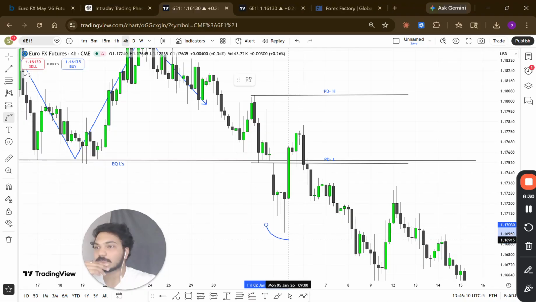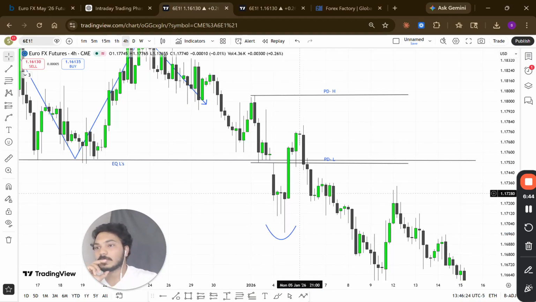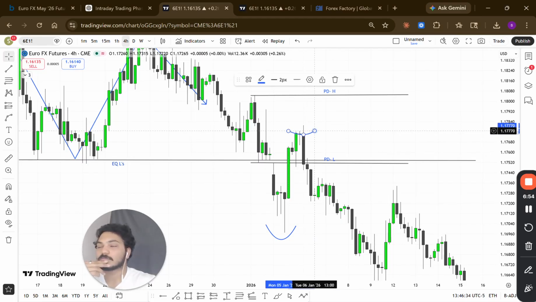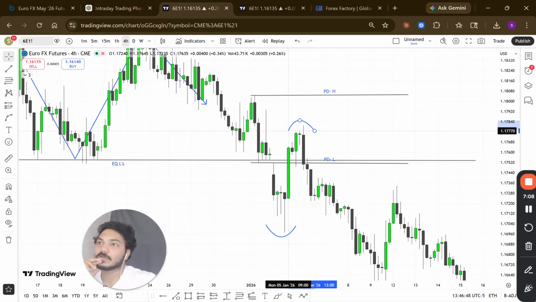So this is our swing low, and this is our swing high. Okay, so sell stops accumulate below this and buy stops above this. Okay, let's keep it like this.